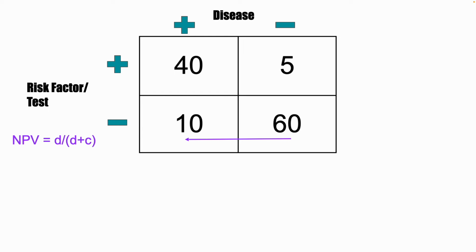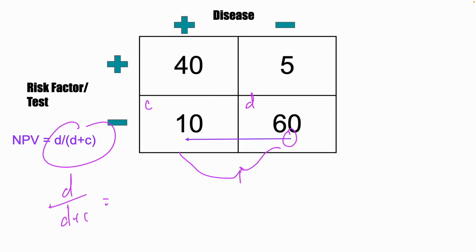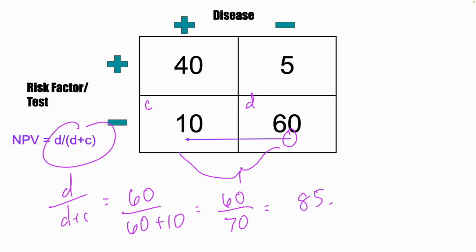And so we have box C and D. Now, we know that it's trending left, and it starts in box D and goes all the way through D and C. So we have D over D plus C, which equals 60 over 60 plus 10, which equals 60 over 70. And that comes out to a value of 85.7%.